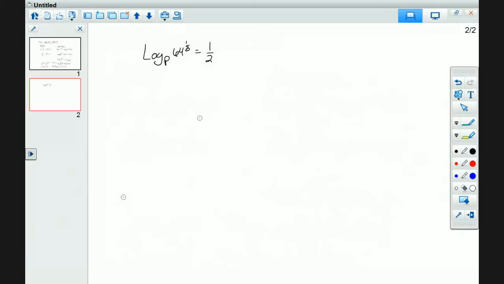Anybody have any ideas? Alright, yeah, that's a good attempt, because that's the property of the logs we're studying. Yeah, okay, you could transfer to exponential form, right? e to the 1/2.